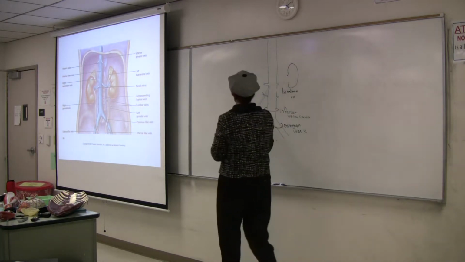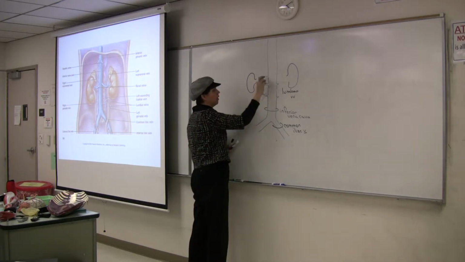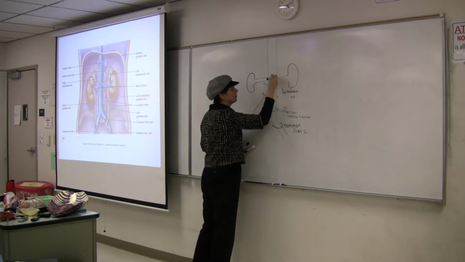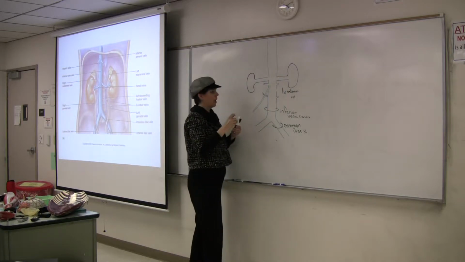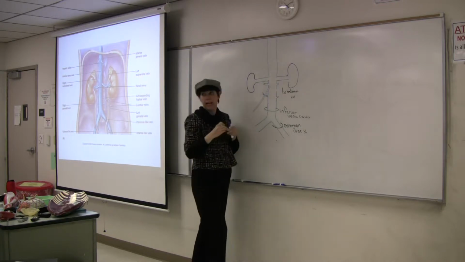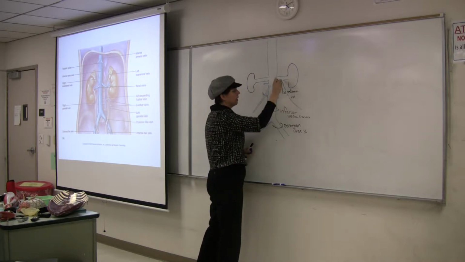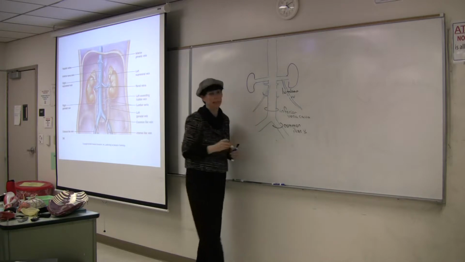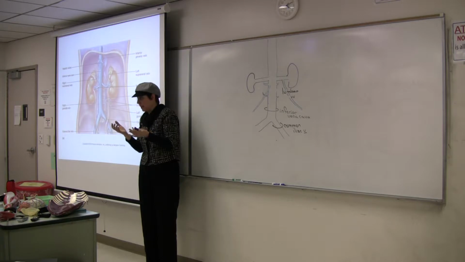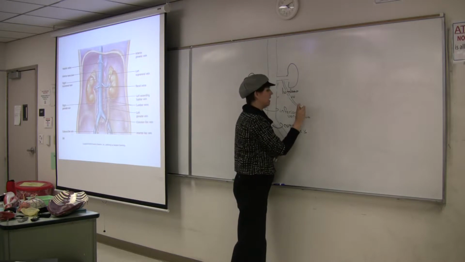So that might have suppressed development and not allowed the right gonadal vein to drain into the renal vein. But our left gonadal vein drains into the left renal vein directly. So we have a little bit of a difference here. Same vessel, same name, just a different place where they drain into the ascending blood supply.